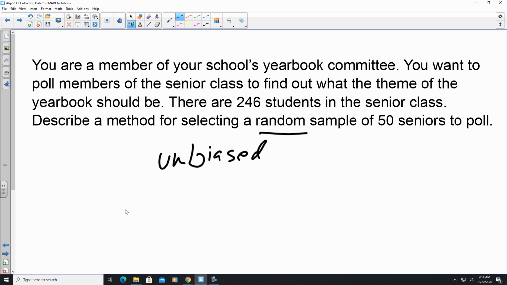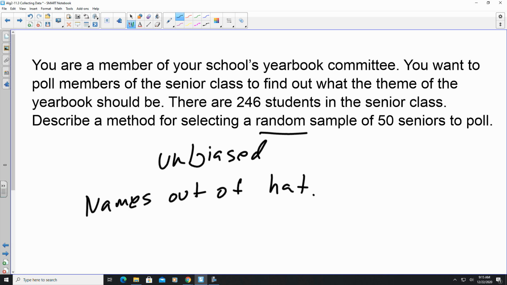So in order to make it as random as possible, you could make it sort of systematic, or you could make it into sort of a stratified sample. To give more specific examples, you could put names out of a hat, so to speak.